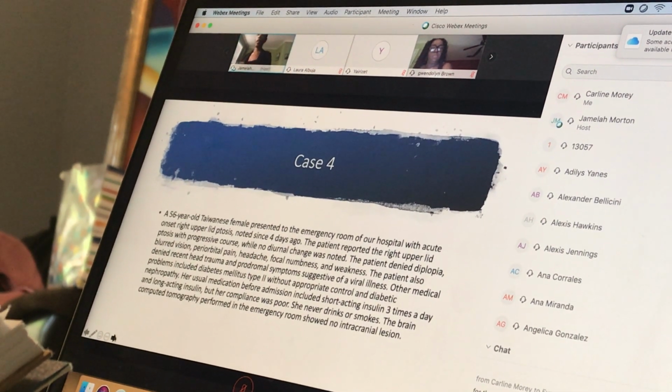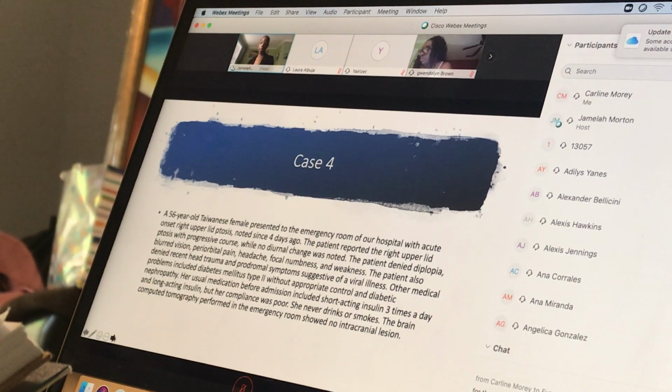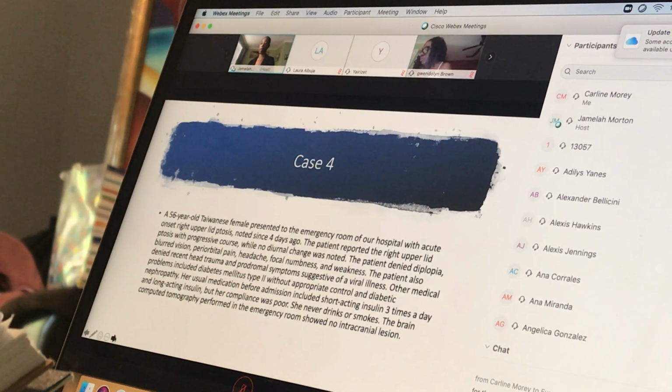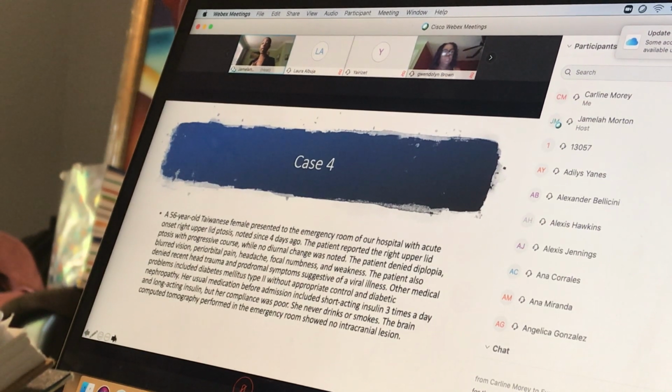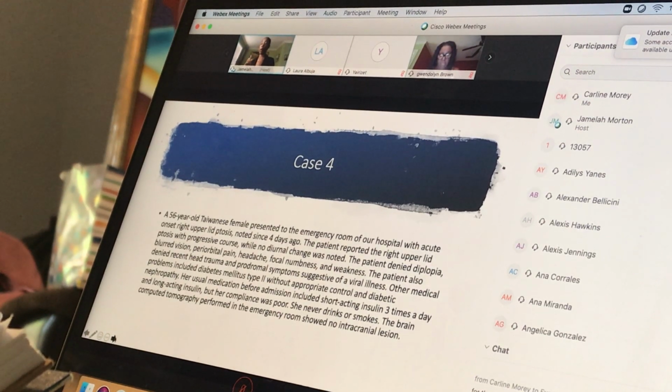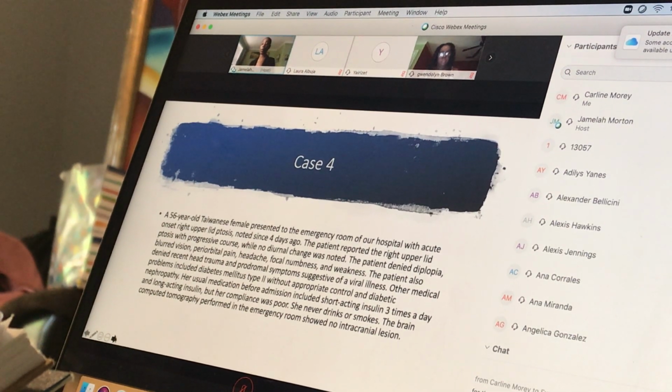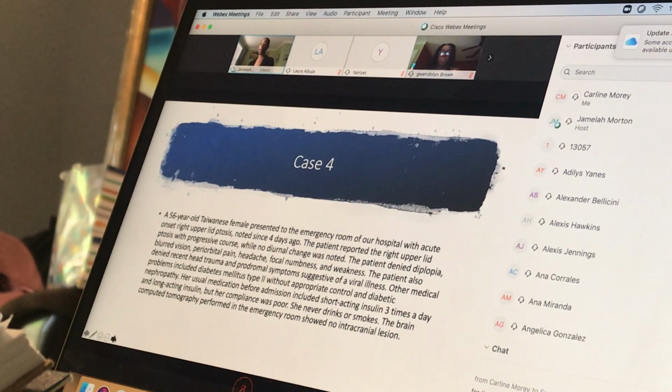If you say that there are no changes throughout the day, that is very important. I want you guys to note that she has this ptosis, but it doesn't change as the day goes by. That is a very pertinent negative that you need to take hold of.